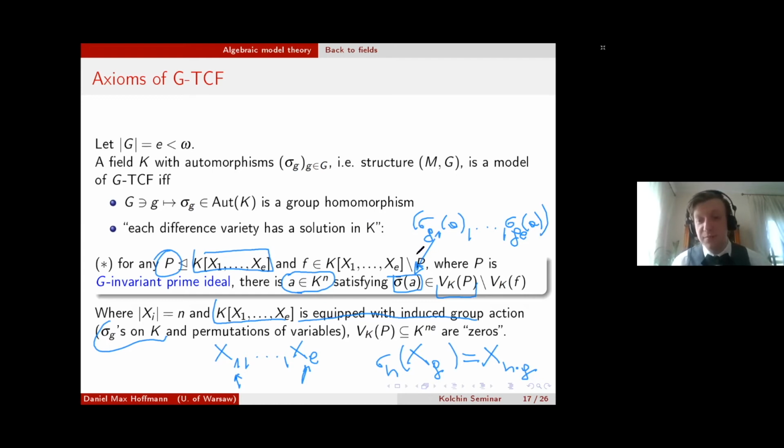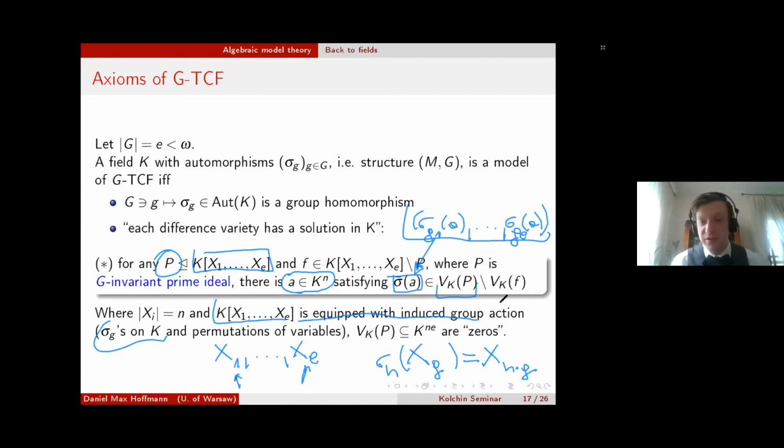That's exactly sigma bar of A. So for a G invariant prime ideal, which lives in this extended ring with induced group action, you check G invariantness, and there exists a tuple A in K^n, a solution, such that sigma bar of A, if you evaluate each polynomial from P on it, gives you a zero.